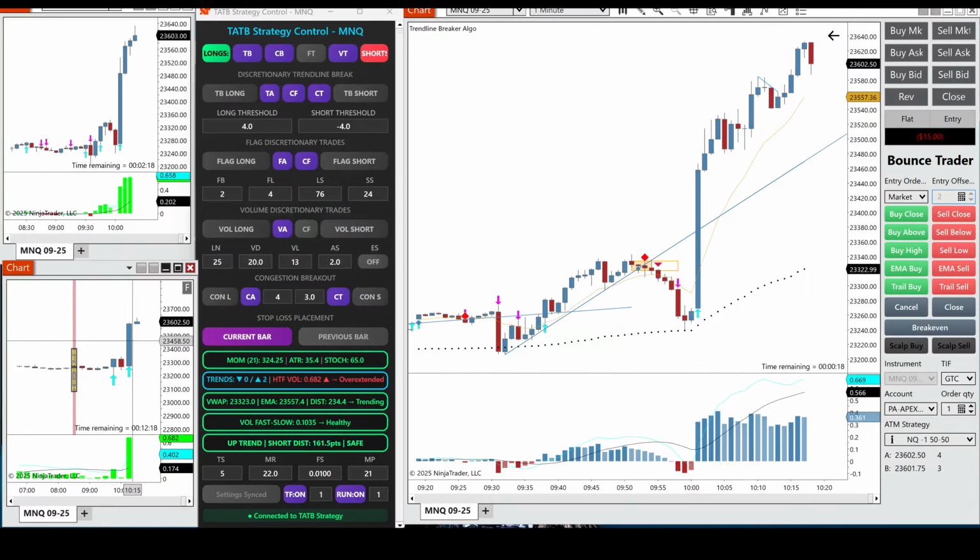So it tells you good signal that you want to start looking for longs, as long as price remains between this and this bar.